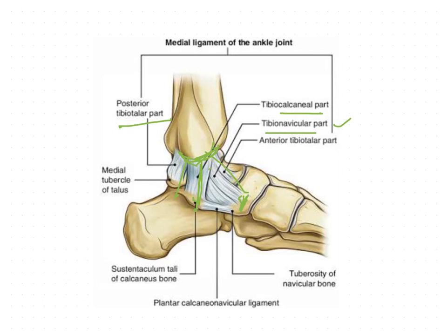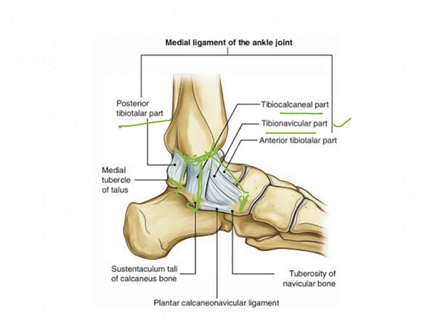So that means it is attached from the medial malleolus to the calcaneum. And the posterior fibers, that is tibiotalar, again are attached from the medial malleolus to the medial surface of the talus. So these are the attachments of the superficial part.